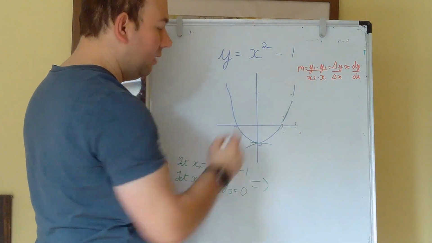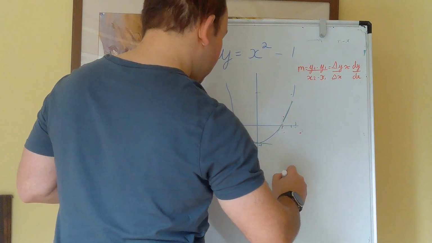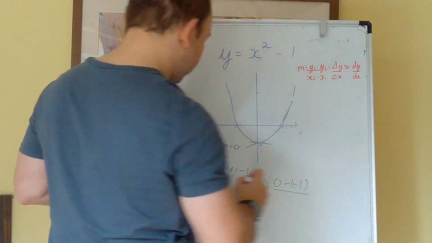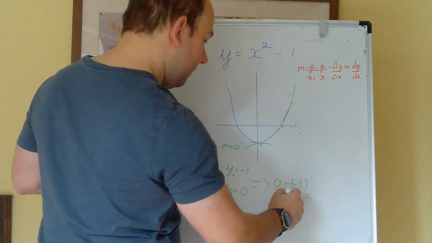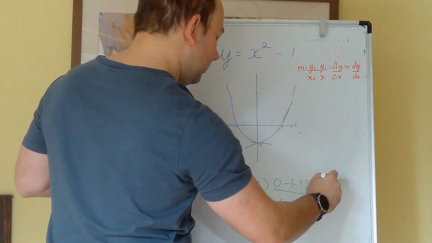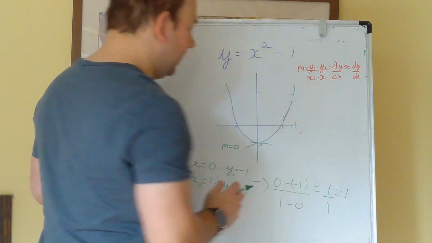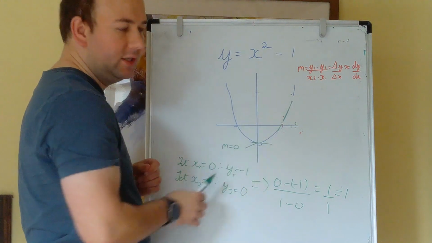If I put it into my equation, the gradient is y2 minus y1 all over x2 minus x1, which is 2 minus 1 over 1 minus 0, so that equals 1 over 1, which is equal to 1. You can see that's not equal to 0. It's an approximation of the gradient.